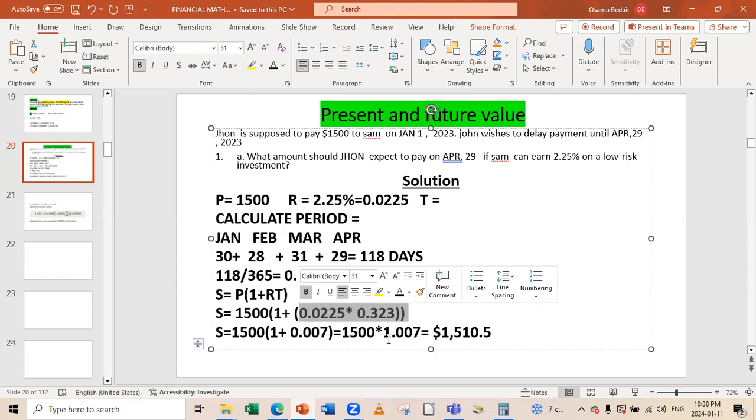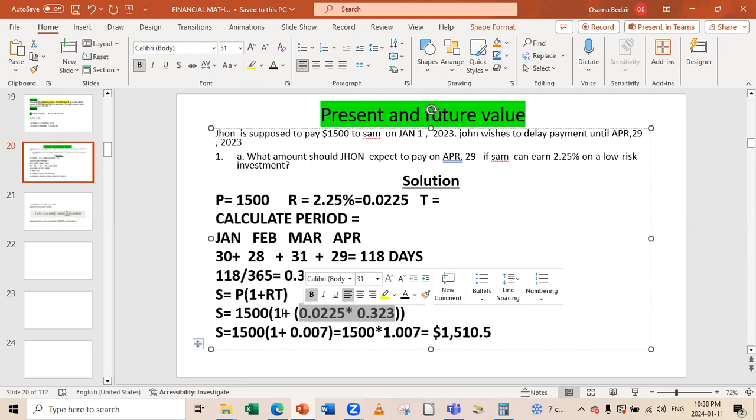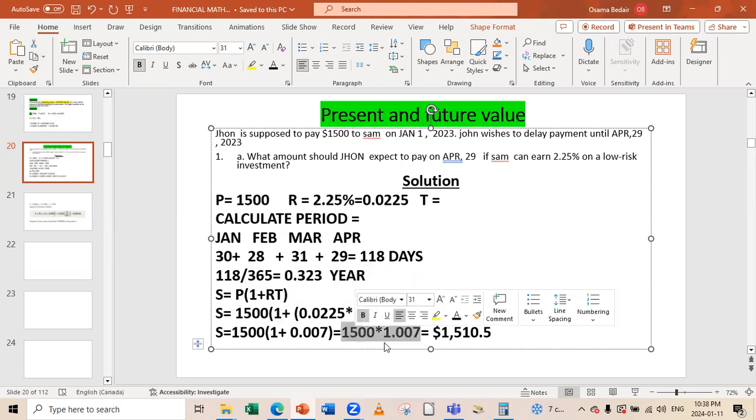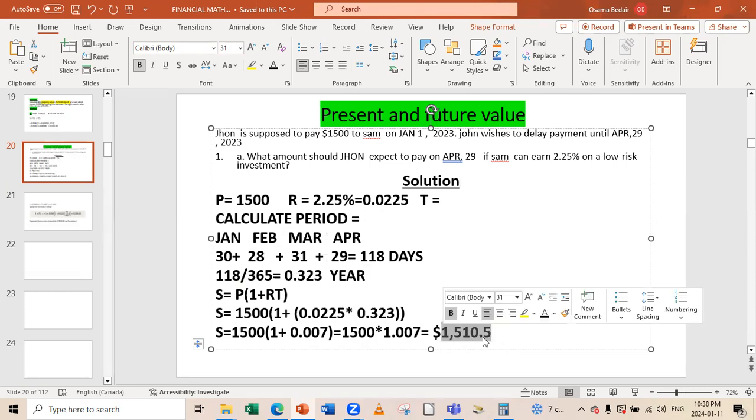It will be 0.007 plus 1, then it will be 1.007. We will multiply it by the 1,500 here, and to get the amount, it will be $1,510.5.